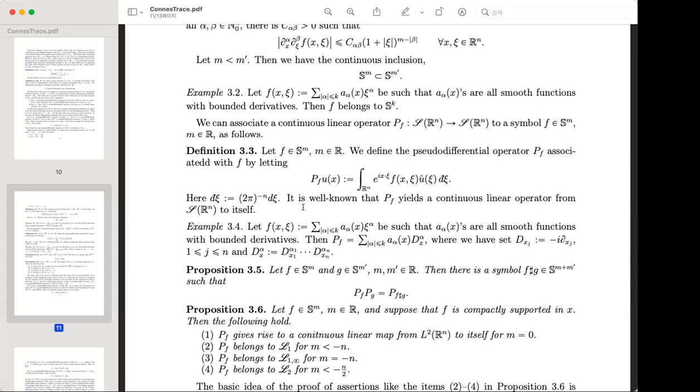So if f is of this form, then after you take the Fourier transform of a given function u and take the multiplication by this function, as a_alpha(x) is independent of the integration variable psi, we can take it outside of the integral.